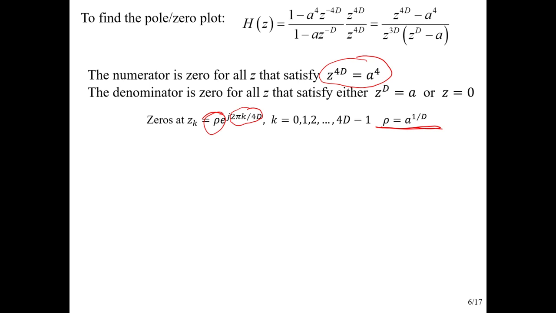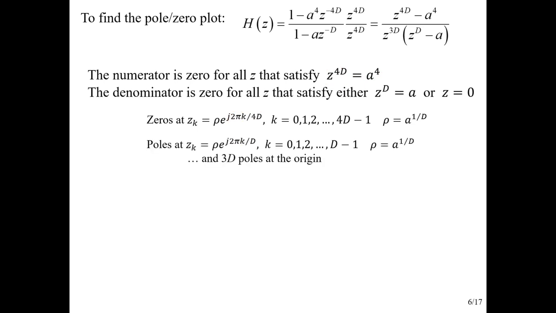So you can see when you start raising that to the 4d, that's going to cancel, and you get all these integer multiples of 2 pi. So that will line those all up on the real axis so that they can end up canceling the a to the 4th. So that's how we get that structure.